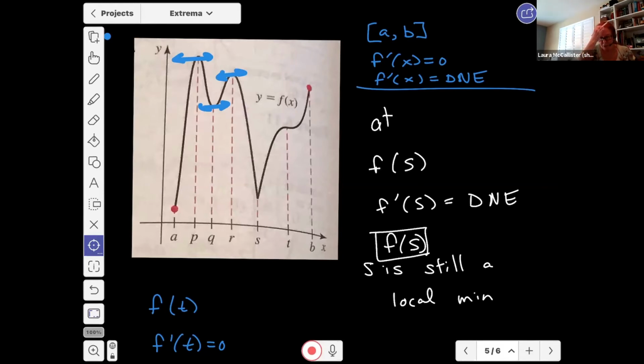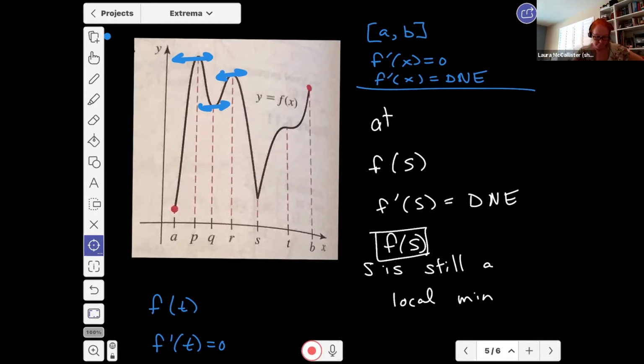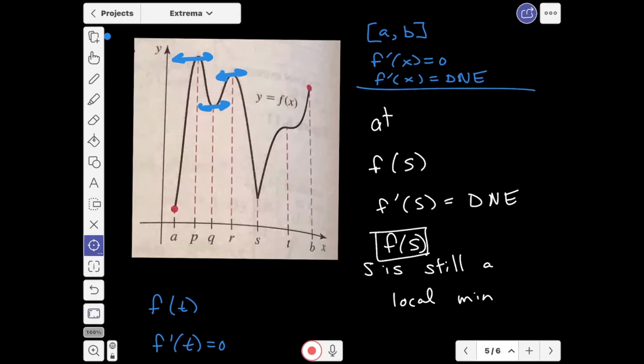Is there anyone that wants to talk this one through and make sure they're on the right track and understanding it correctly? S is considered a local because in every graph, you're only going to have one absolute max and one absolute min. Professor? Yeah, go ahead. When you wrote down the extremas, you only put the interval of A to B. I thought you're supposed to include the local min and max too.